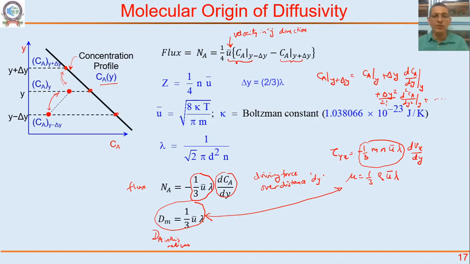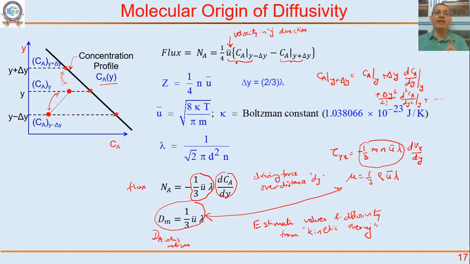Now this allows us to estimate the values of diffusivity from the kinetic theory of gases. Obviously it will be valid only if our gas behaves like an ideal gas, both A as well as the medium in which it is diffusing.